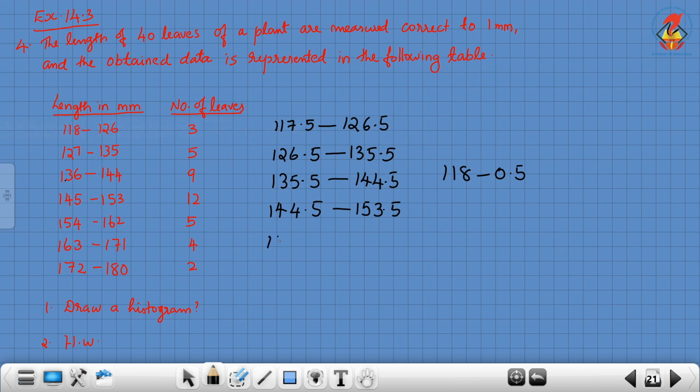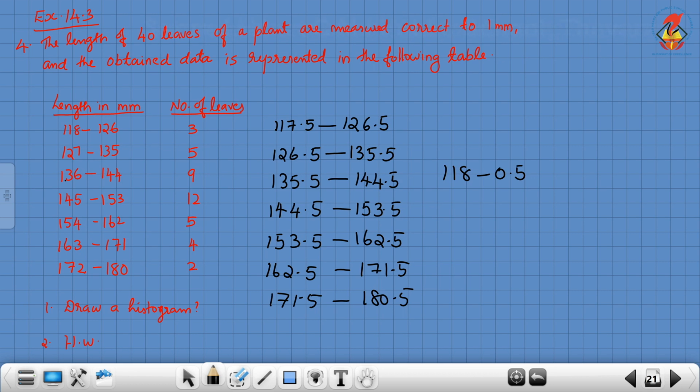Next 153.5, 162.5. Next 162.5, 171.5. Next 171.5, 180.5.